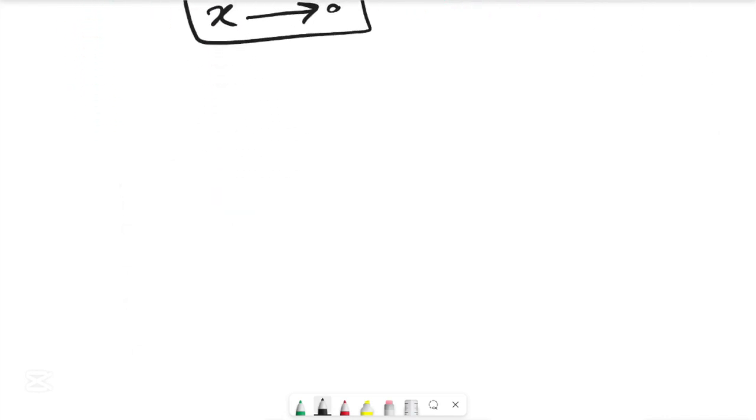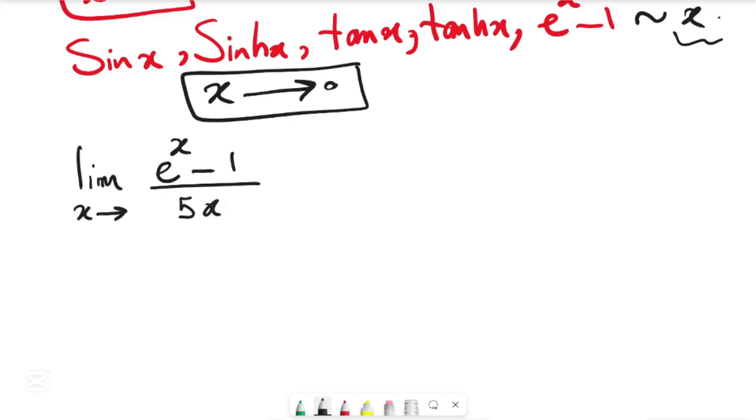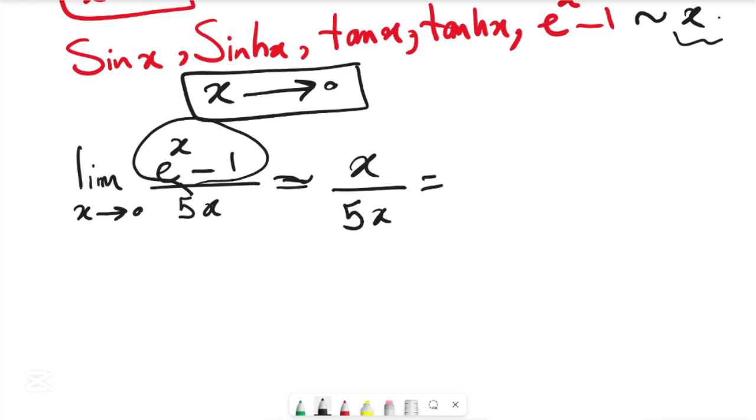Therefore, we must understand it, and in some questions we immediately see that we can substitute all these hard functions with x. For example, so simple after this notice, limit of (e power x minus 1) divided by 5x, x goes to 0. We know this is equivalent with x. It's better to write this, guys. And the answer is 1 over 5.